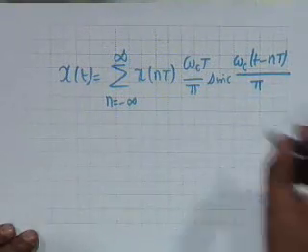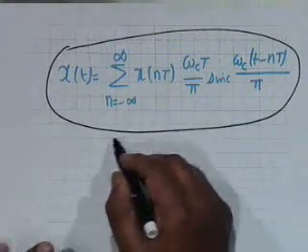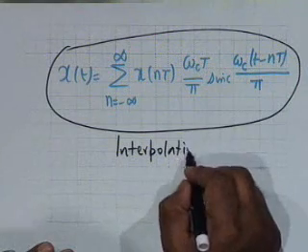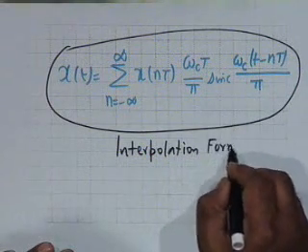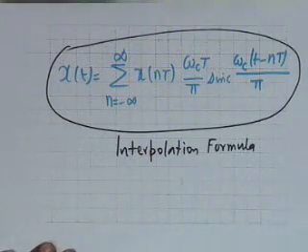This is my final formula for exact reconstruction, and in the literature it goes by the name of interpolation formula. I must emphasize that this is an exact reconstruction. Exact reconstruction naturally is not possible in practice because this system h of t is unrealizable.